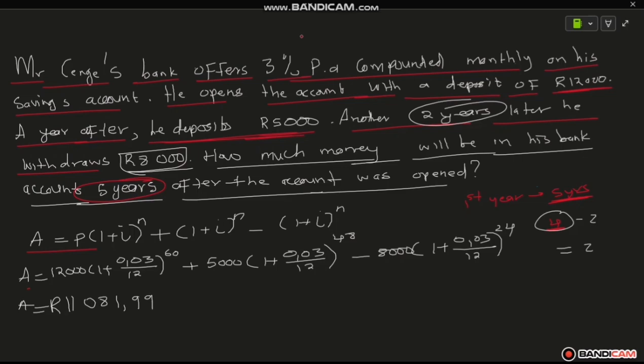You see, this is for the initial payment with the total number of years, and if you didn't know that he's going to add another amount of money, that's why we added here the 5,000. And another 2 years later, he withdrew 8,000. I hope it makes sense, guys. This is very, very important.